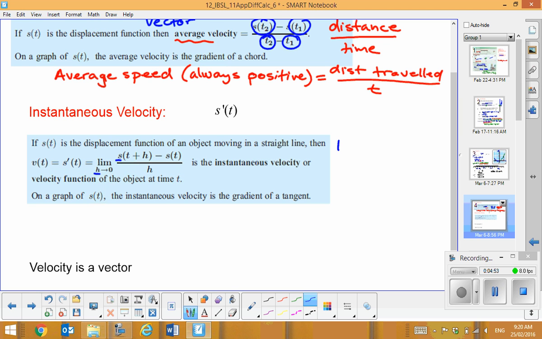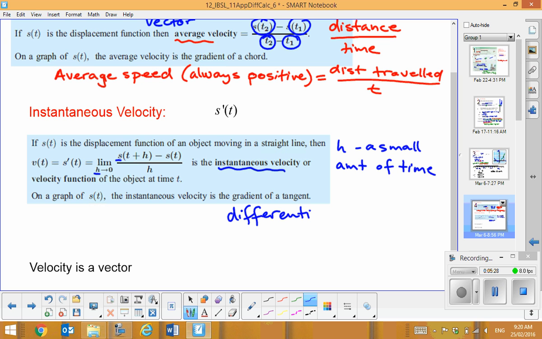Remember before h was a little amount of x, and we took that little bit of difference getting smaller and smaller. It's basically rise over run, getting smaller and smaller. So first principles gives us our instantaneous velocity, or we can use differentiation.